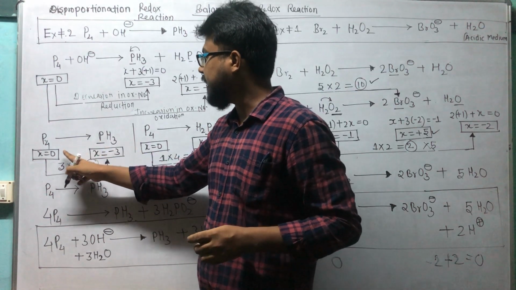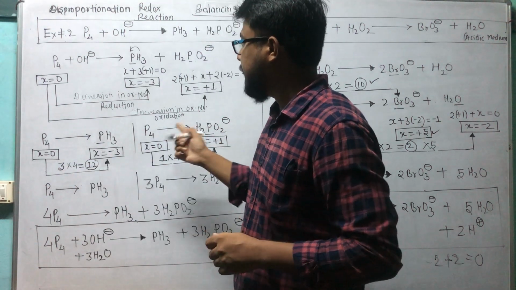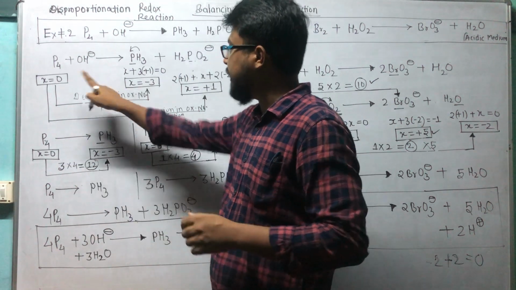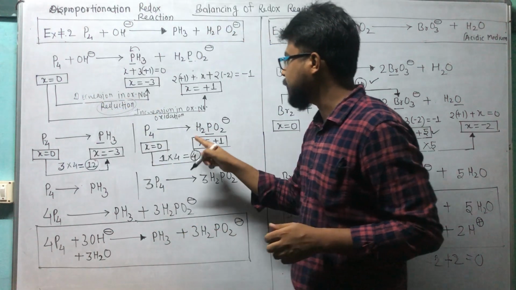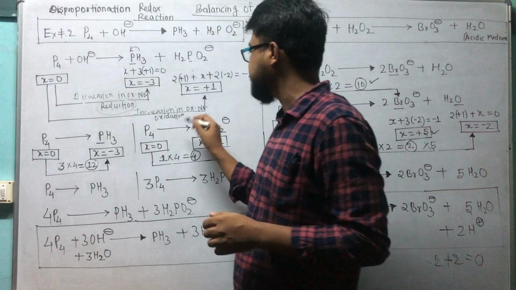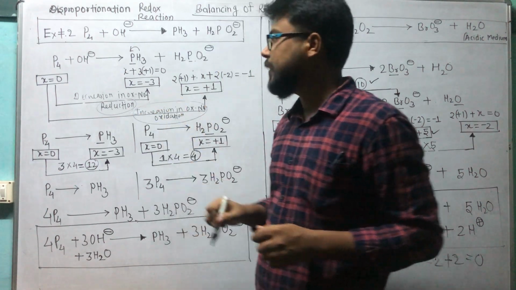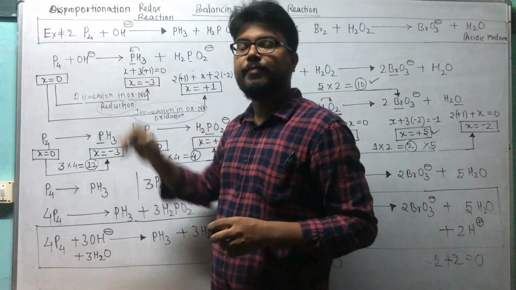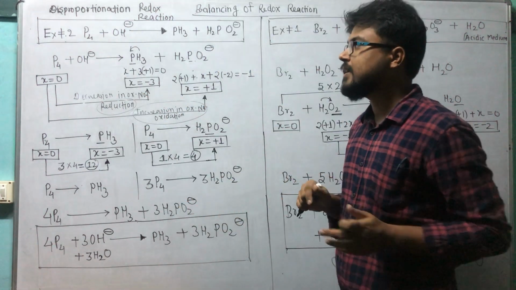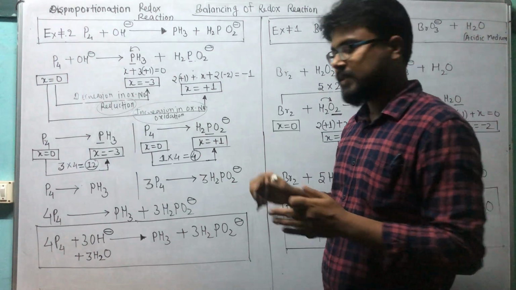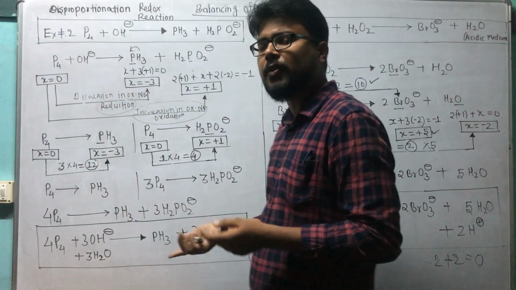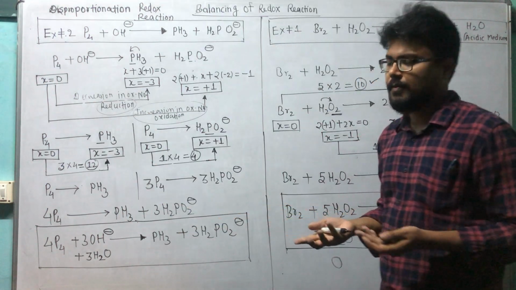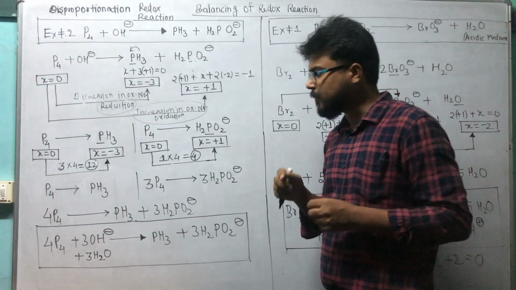Now first I will write P4 to PH3 as reduction, and next P4 to H2PO2-, it is oxidation. Why did I ignore OH-? Because in such type of balancing OH- is not important, because for the similar element, one is oxidizing and one is reducing, and my work is over.